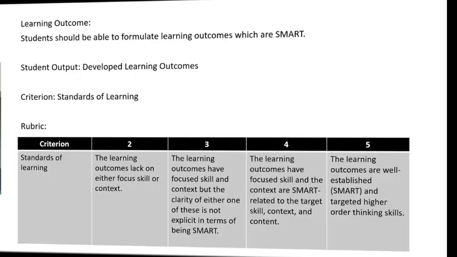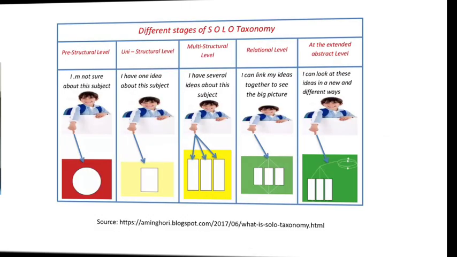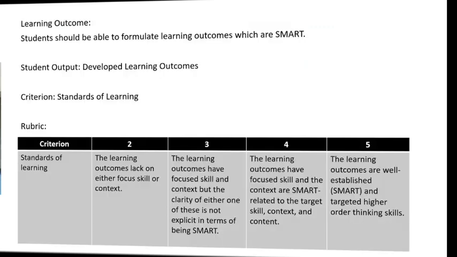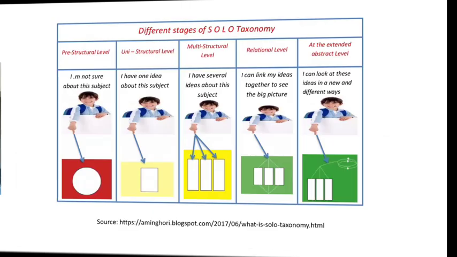What we have been discussing since last week is that one lens we can use in making a rubric and in making distinctions of the level of performance of our students is the SOLO taxonomy, from the pre-structural up to the extended level. We use this lens if the student is not able to do the learning outcome as indicated by the criteria for grading, that's the pre-structural level.